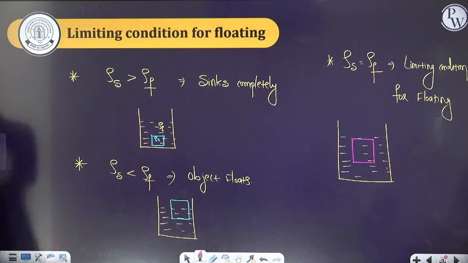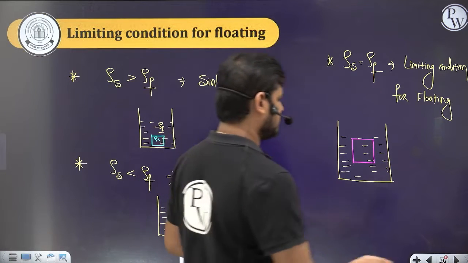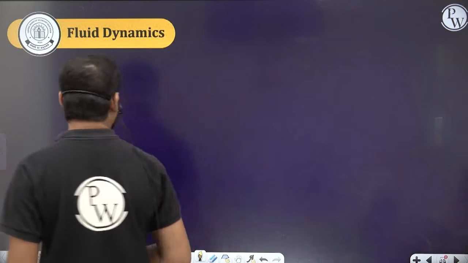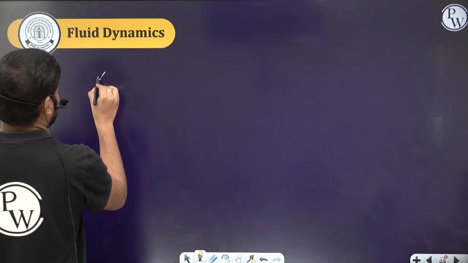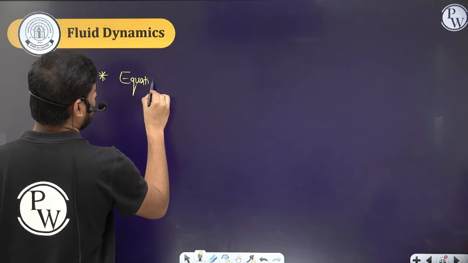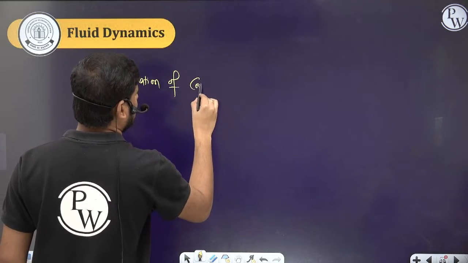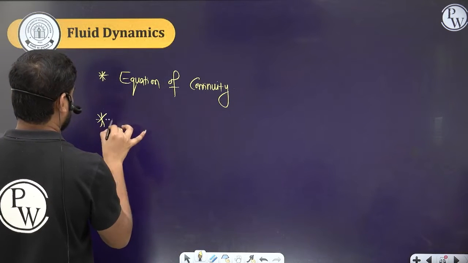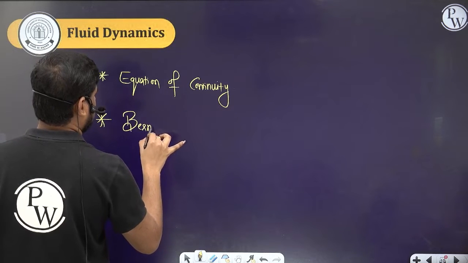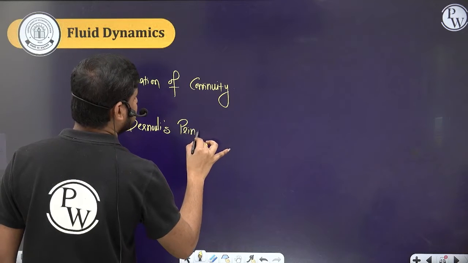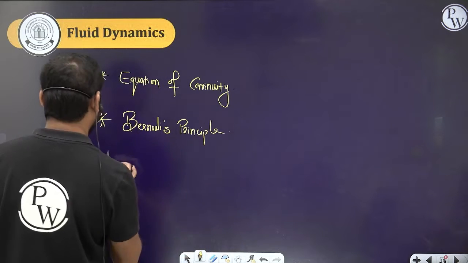Chalo. So now let's go for the fluid dynamics part, where the fluid flows. In fluid dynamics, especially, we are going to deal with the equation of continuity, and then Bernoulli's principle, and we'll also study the velocity of efflux.